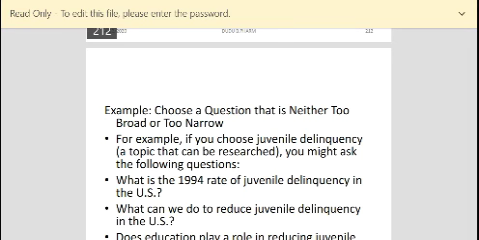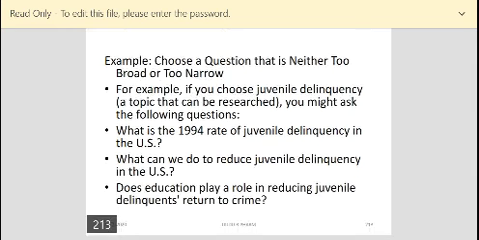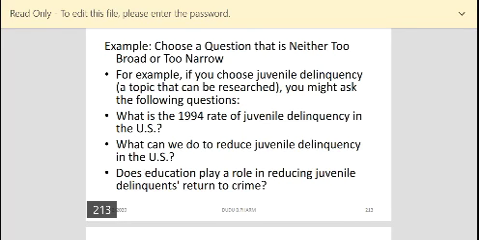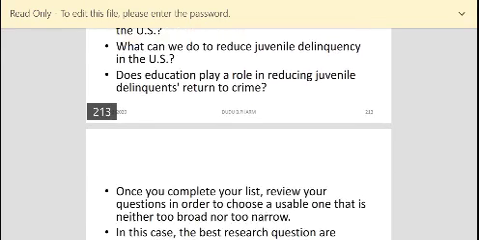If you choose juvenile delinquency, a topic that can be researched, you might ask the following questions. What is the 1994 rate of juvenile delinquency in the US? What can we do to reduce juvenile delinquency in the US? Does education play a role in reducing juvenile delinquencies and return to crime?